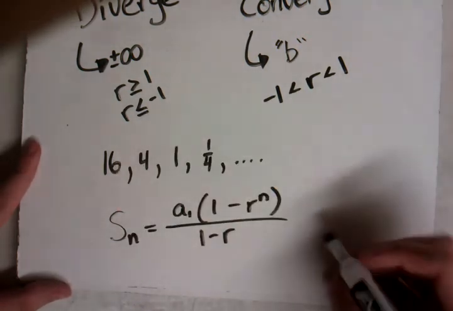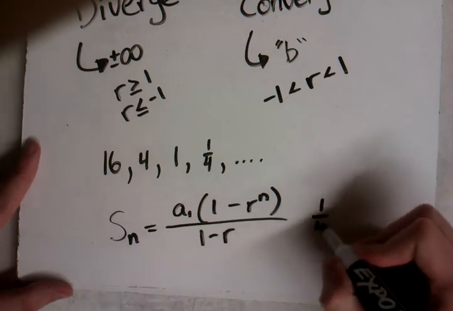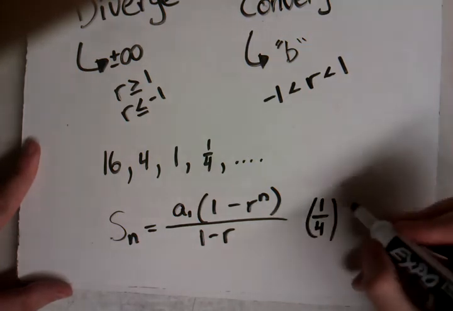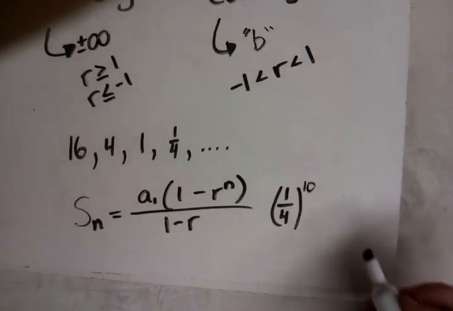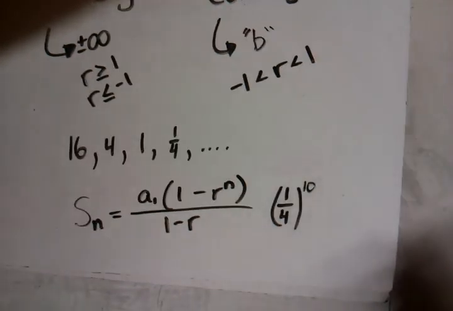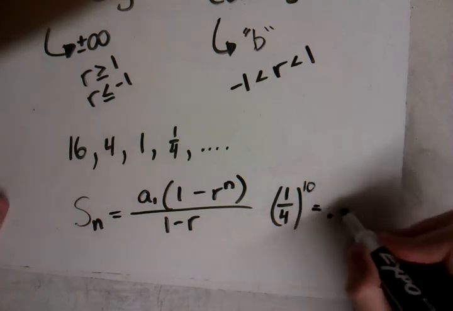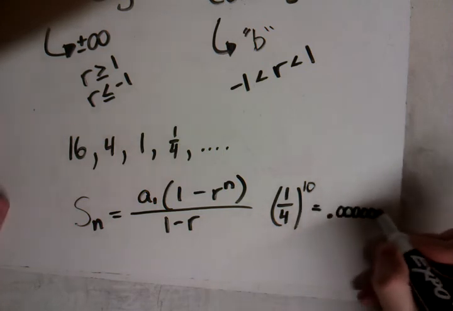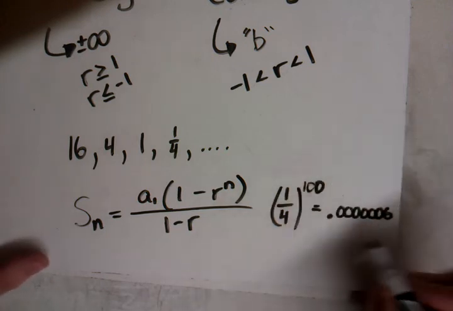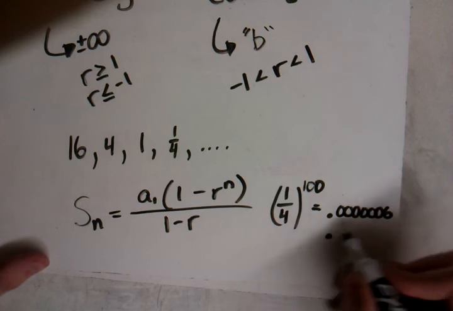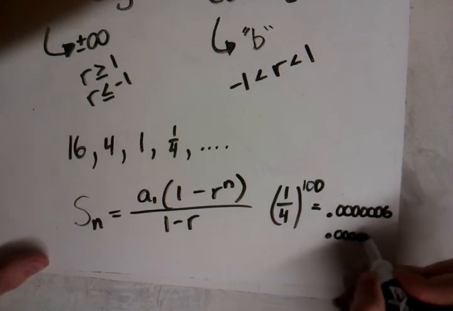So in this example here, r is 1/4. If I take 1/4 and I raise it to the 10th power, not quite infinity, but still a reasonably large amount, turns out I get something like 0.000006. If I raise it to the 100th, instead of 6 zeros, I believe I get 60 zeros. So a whole lot.